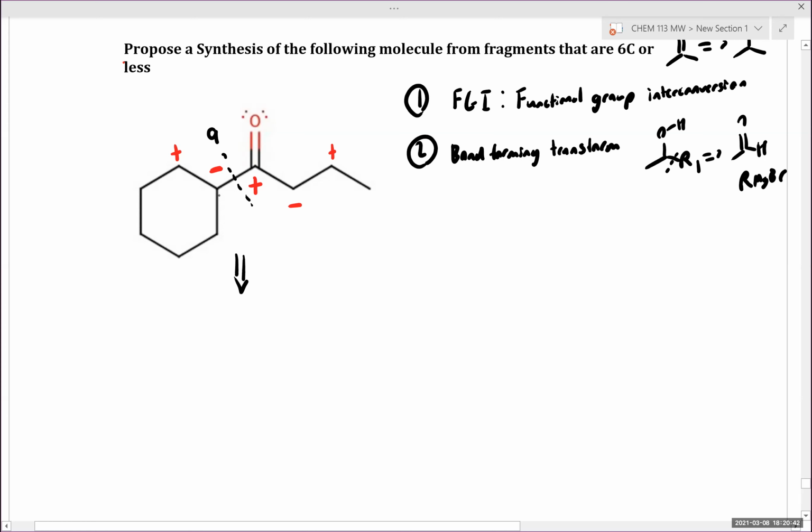What pattern, what distribution of electron density would we need on each of our two fragments, each of our two reactants, in order to form this desired bond? So what is our go-to method of forming carbon-carbon bonds in this case? So what would our synthons look like? For the student that showed this bond breaking step, would you be able to draw out our two synthons?